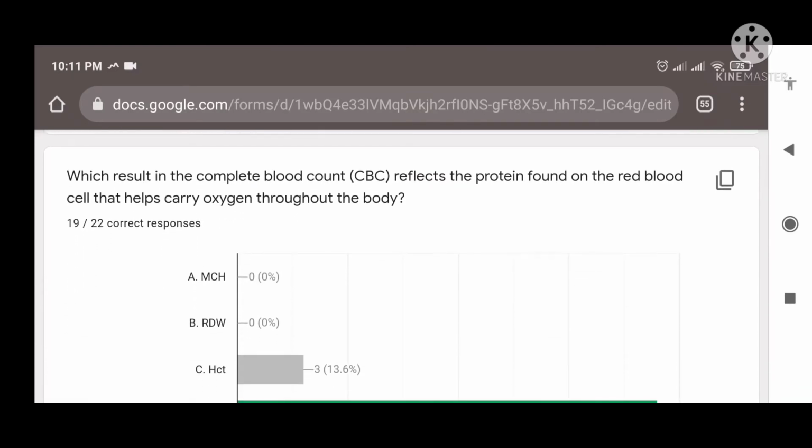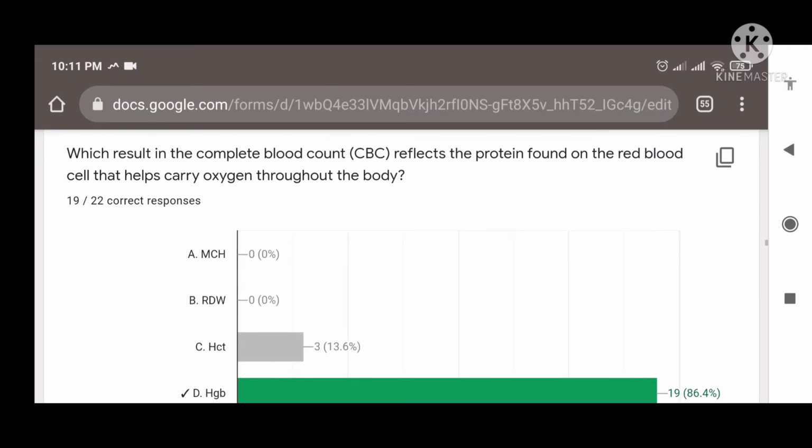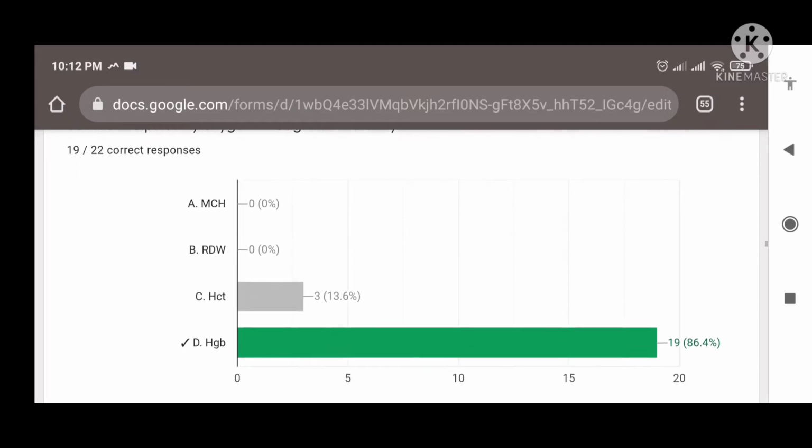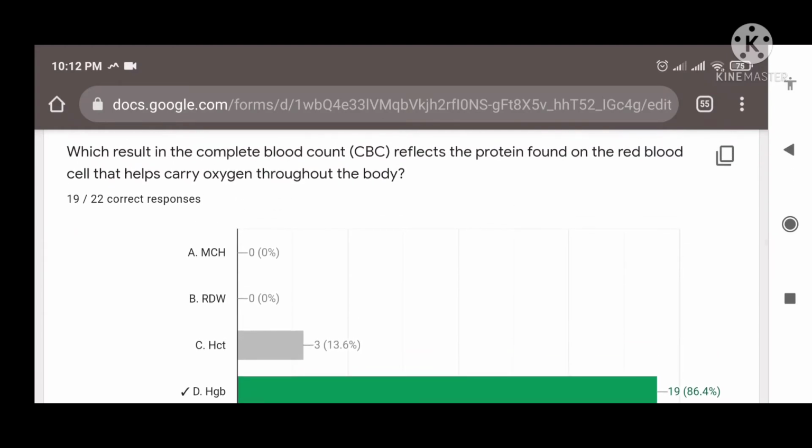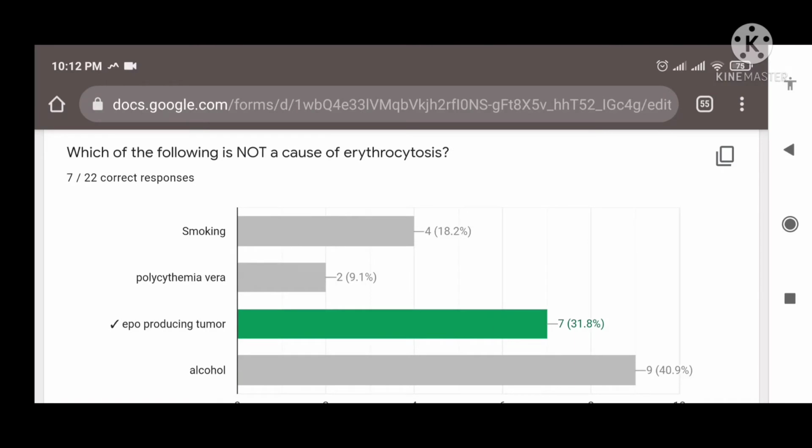Which result in the CBC reflects the protein found on the red blood cell? Here we are talking about hemoglobin, which helps carry oxygen throughout the body. So hemoglobin is the right answer. The next question: which of the following is not a cause of erythrocytosis?